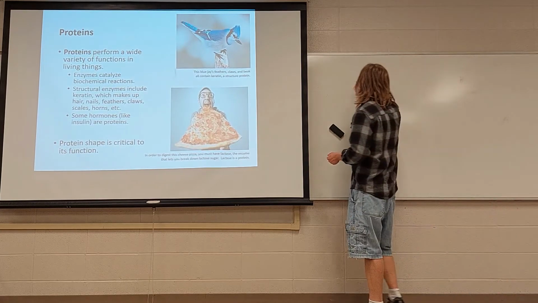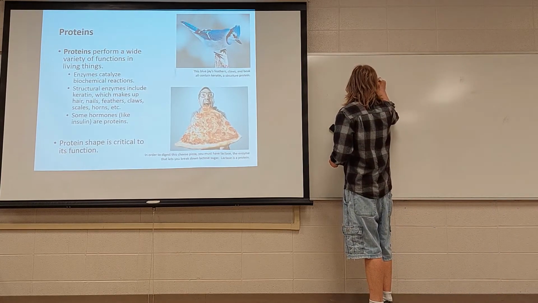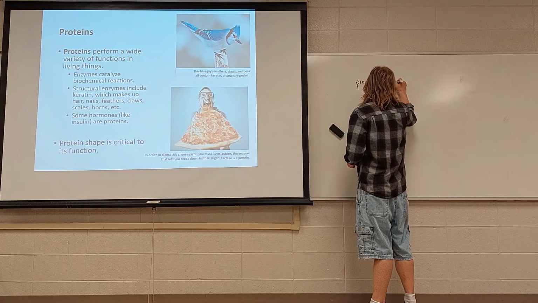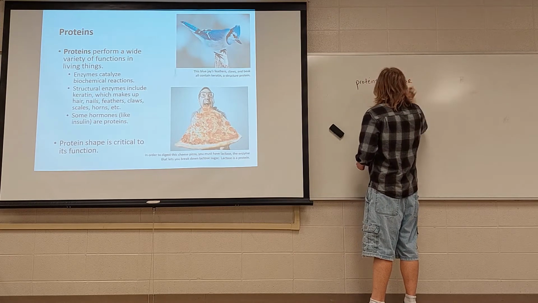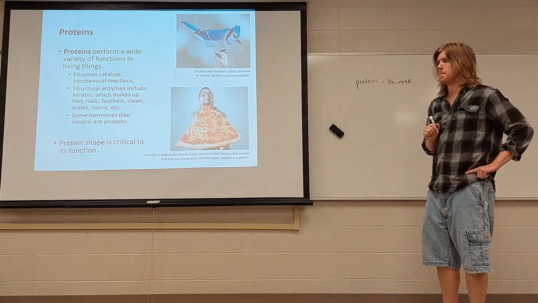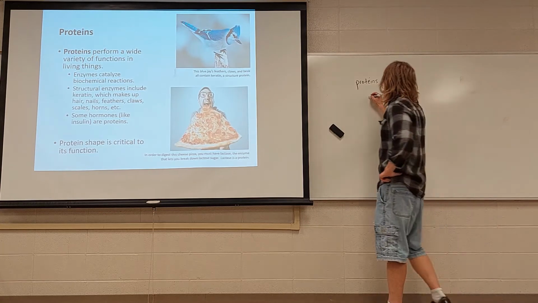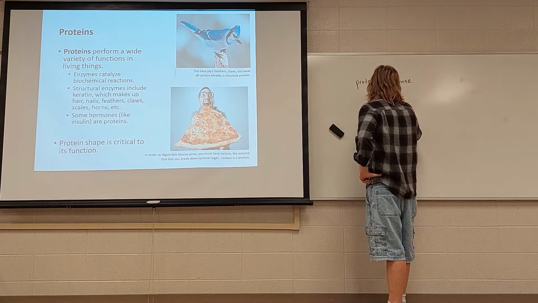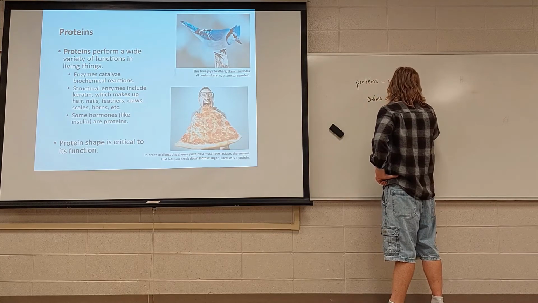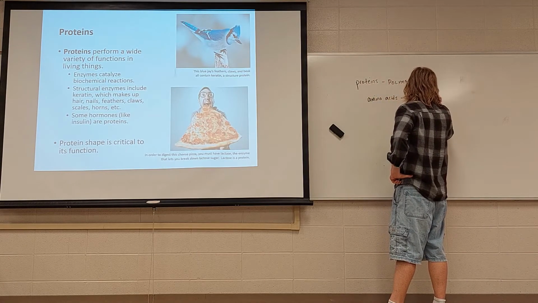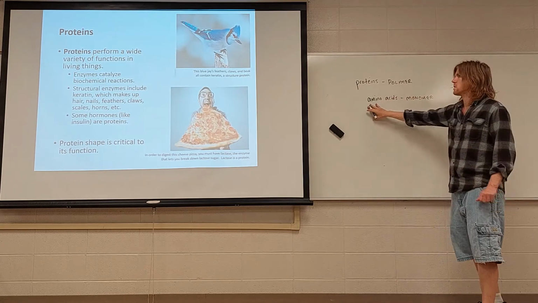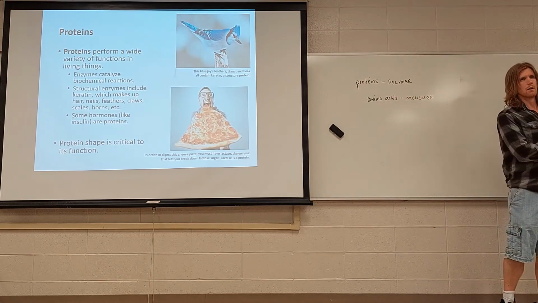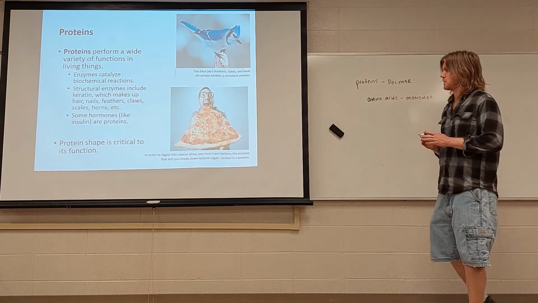So proteins are a long polymer chain. The building blocks of proteins, and I mentioned this earlier in the lecture, are amino acids. So a whole bunch of amino acids strung together will make a protein.